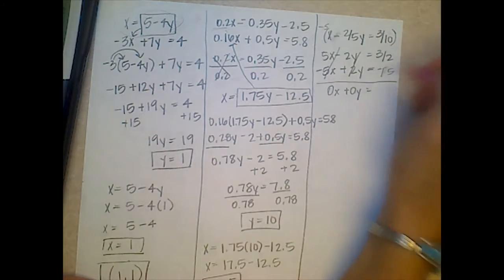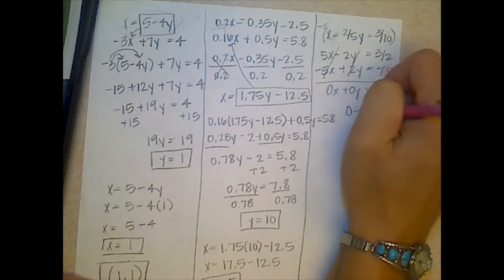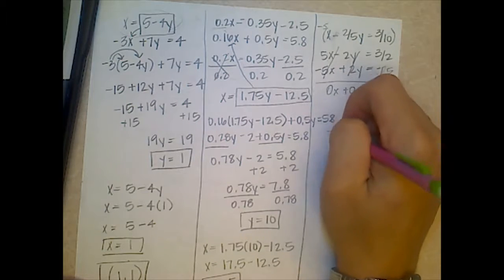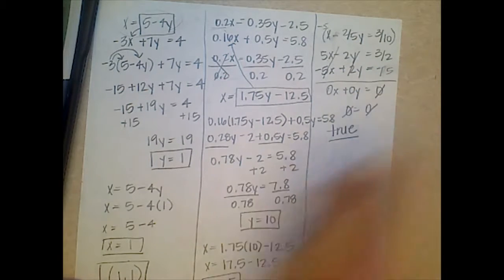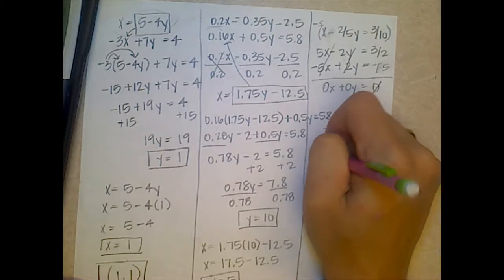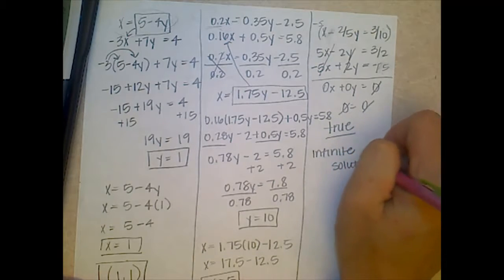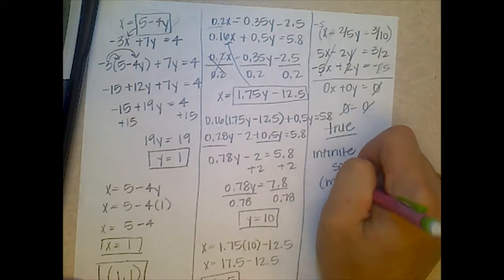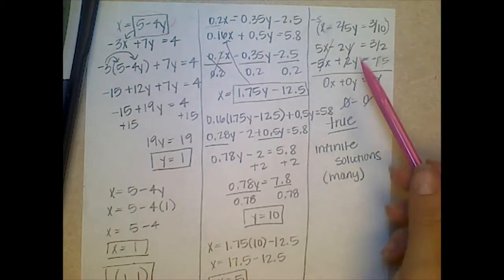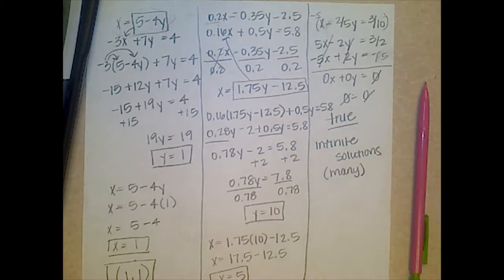Positive 1.5, negative 1.5, 0. So what I end up with is 0 equals 0. Is that true? Yes. 0 always is going to equal 0. If it's true, then there are infinite solutions, or many solutions. It doesn't always work out like this, where the x's and the y's will cancel, but in this example, that's how it works out.